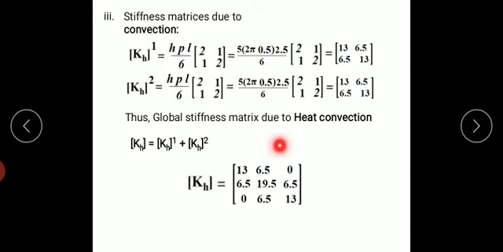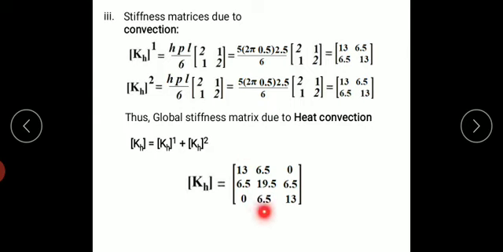Kh1 and Kh2 are both the same because I have divided the total fin into two equal parts. If I assemble the stiffness matrix for heat convection, convection is happening throughout the member, so I have values for all the members.